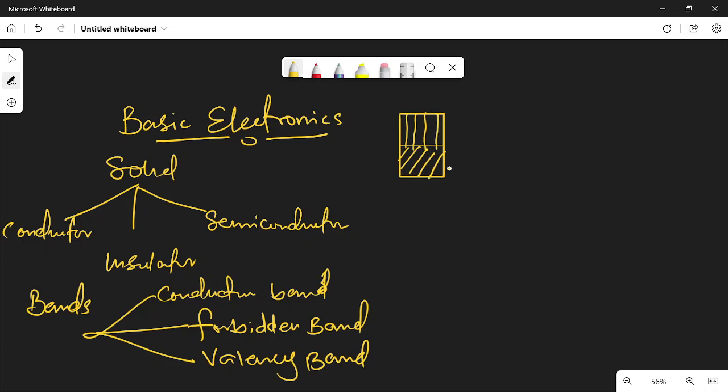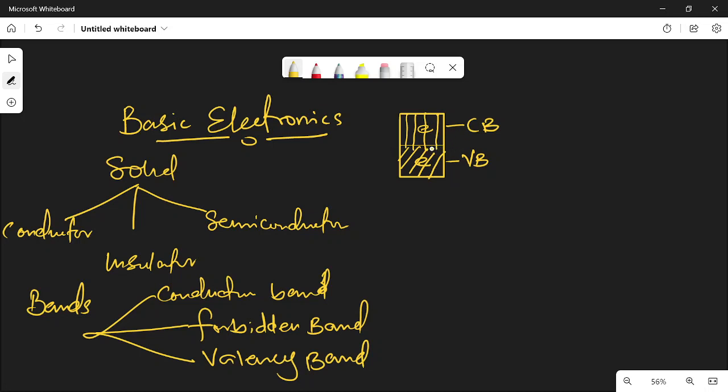Now, what's the meaning of this? This is the valency band, and this is the conduction band. So, you have a full electron in the valency band for a conductor. Then the conduction band is partly filled with electrons. Are we together now? For conductor, the valency band is filled with electron, while the conduction band is partly filled with electron.